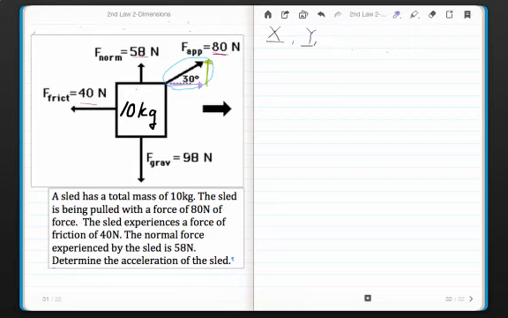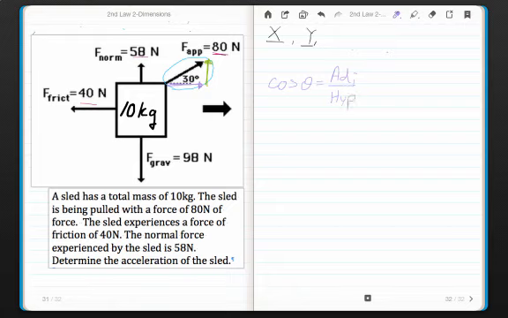If this is the angle right here, 30 degrees, this purple side is the adjacent side. Now, whenever you're finding something that is in the adjacent side, we're going to be using cosine. Cosine of theta is equal to adjacent over the hypotenuse.